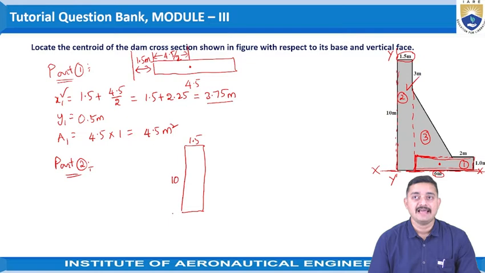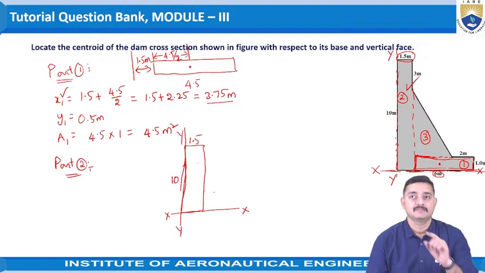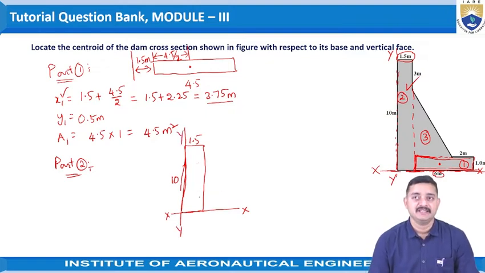Now, both axes are passing through the base and the left portion of the selected second part, that is the rectangle. So the centroid of this rectangle can be taken as the intersection of the diagonals.